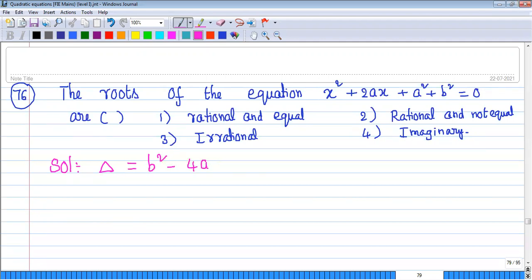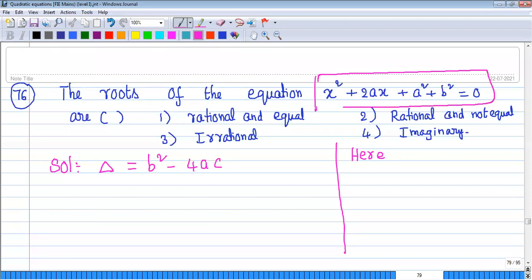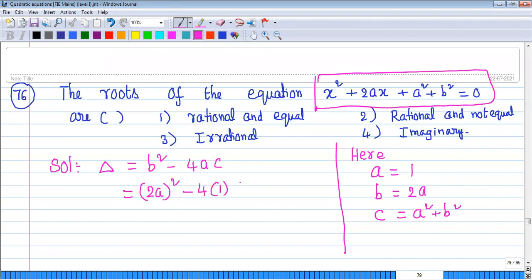But we need a, b, c values here. So from this equation, a is 1, b is 2a, c is a square plus b square. Substituting, b square is 2a whole square minus 4 times 1 times a square plus b square.